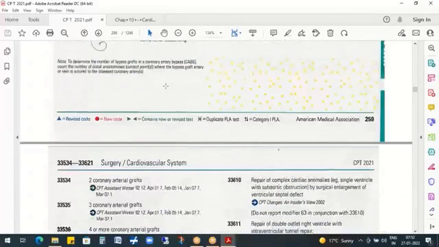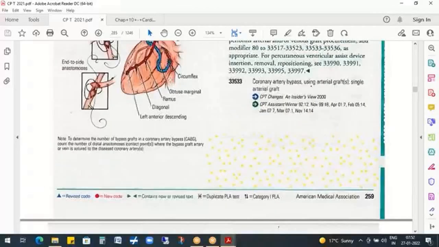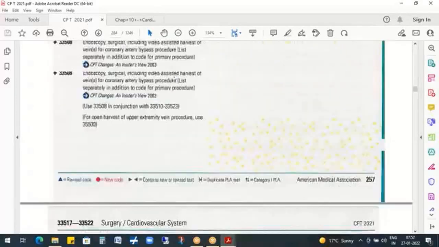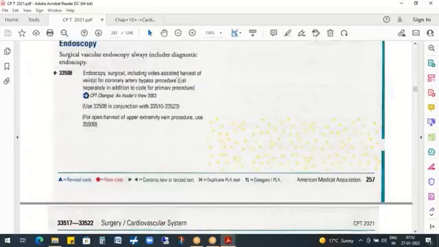The codes you can see. Go with the code 33533, page number 256. Page number 257.